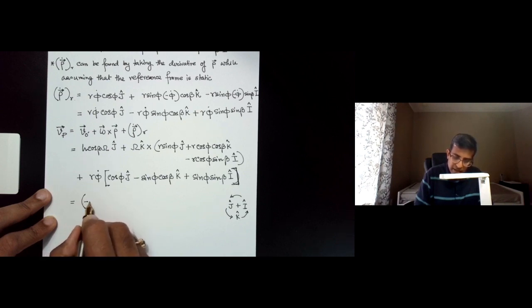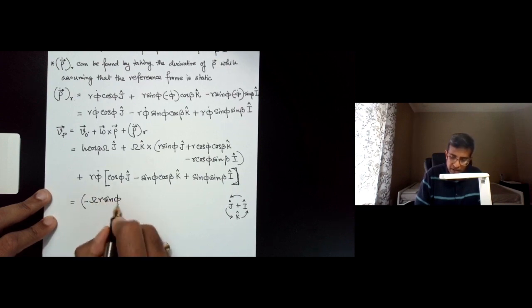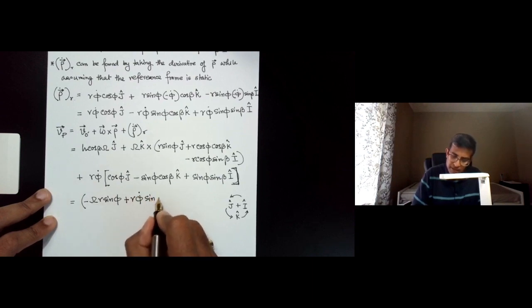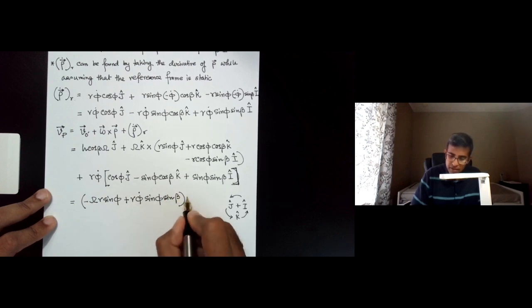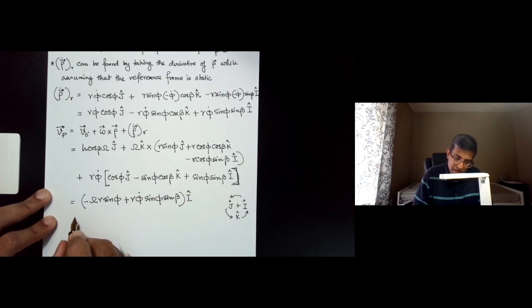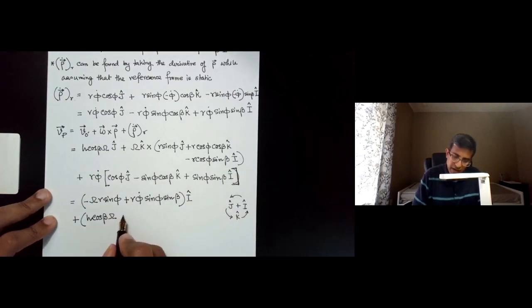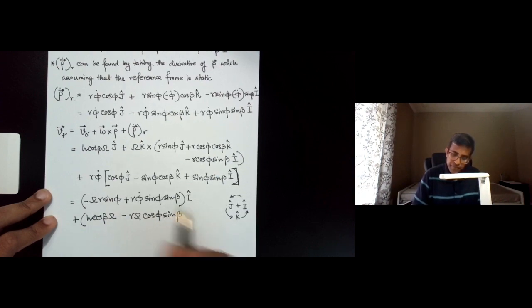So it's going to be negative omega r sine phi plus r phi dot sine phi sine beta i, plus, let me put the j terms together, h cosine beta omega. k cross i is going to give me a j, so we'll have minus r omega cosine phi sine beta, and that's going to be a j term.